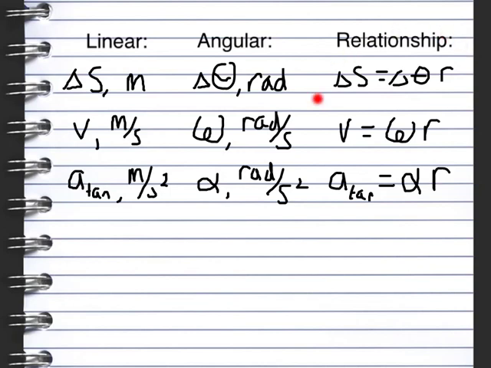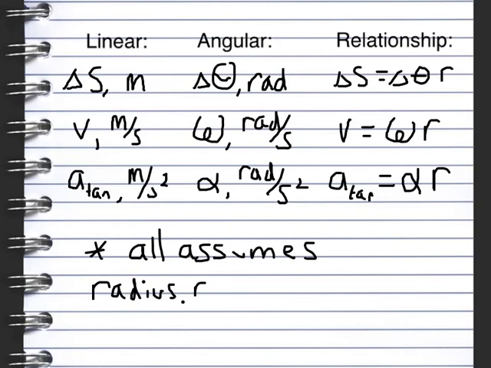So there's quite the pattern here for these relationships. And so as a final note here, this all assumes a constant radius, because that defines circular motion. And that's the end of this lesson.